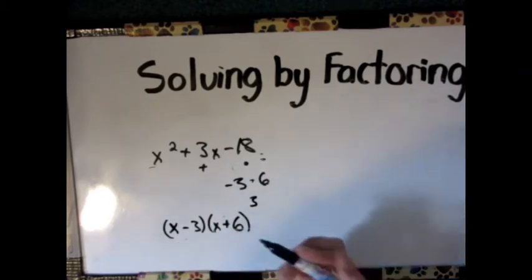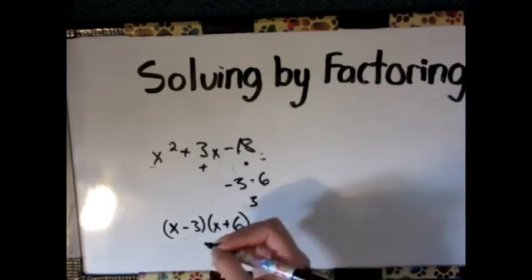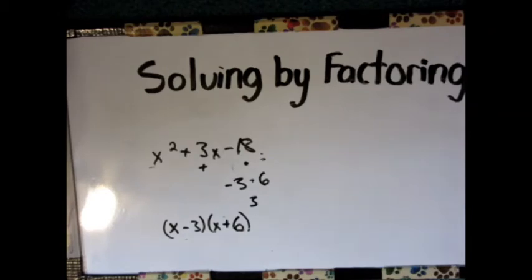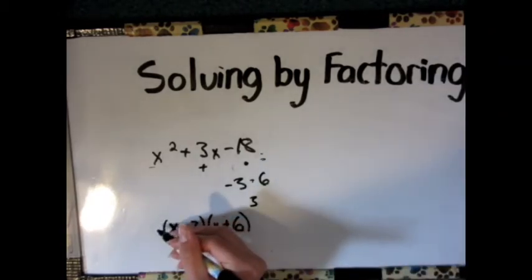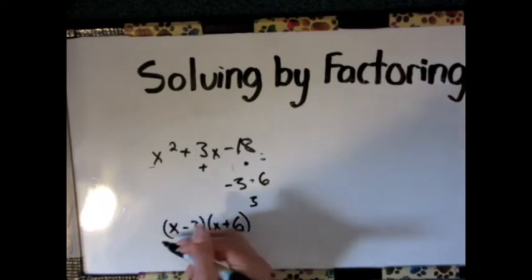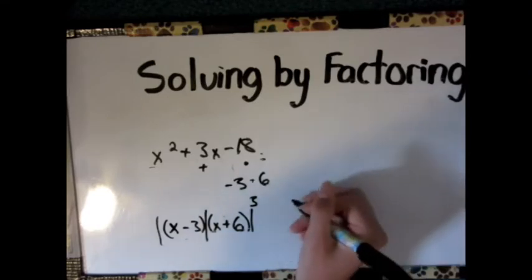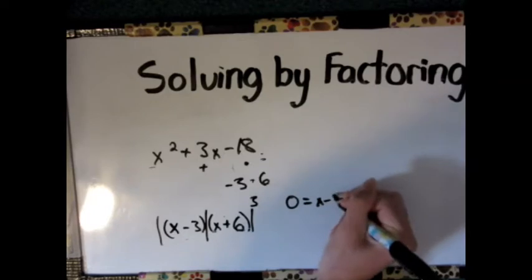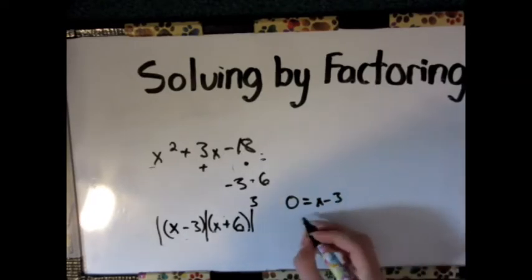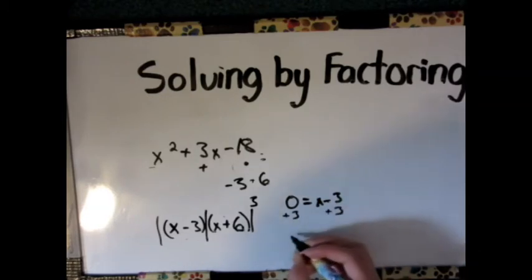Now to actually solve by factoring, once you have your factors, you can just set the equation equal to 0. You can break this up by the parentheses and have 0 equals x minus 3 and then solve that. So you add 3 on both sides and you get 3 equals x.